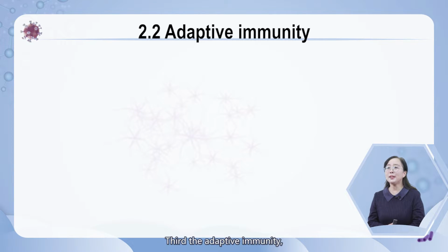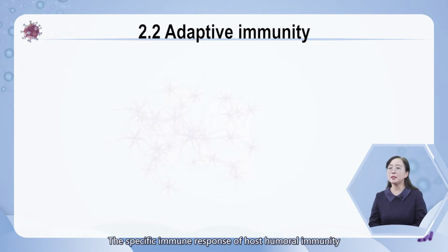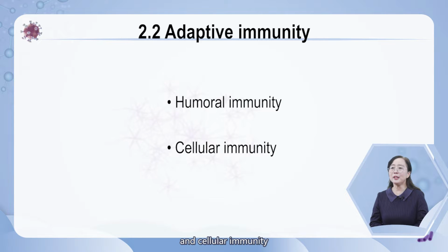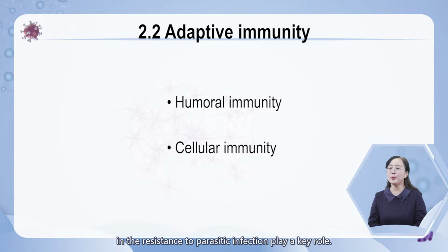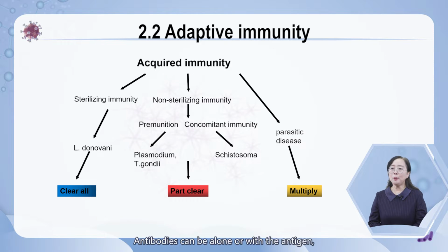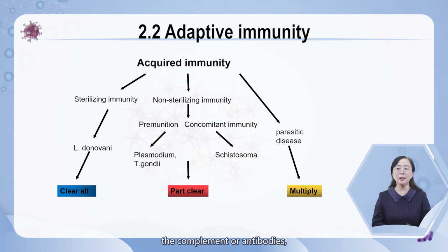Third, the adaptive immunity. The specific immune response of the host, humoral immunity and cellular immunity, plays a key role in the resistance to parasitic infection. Antibodies, alone or with the antigen, the complement, or antibodies, dissolve or kill parasites.